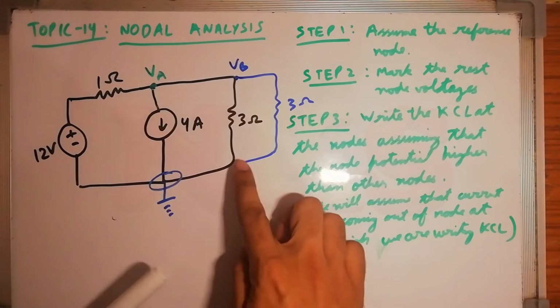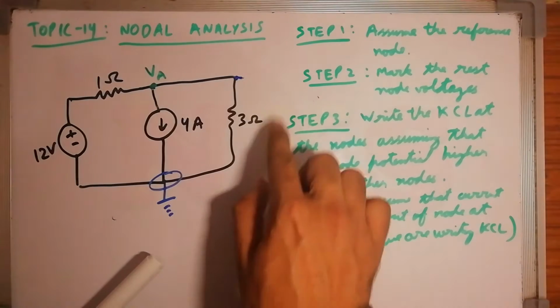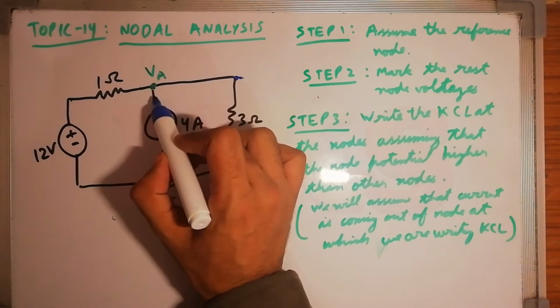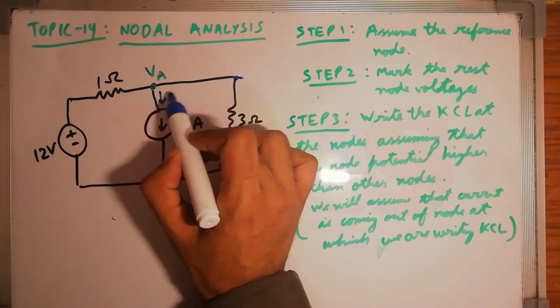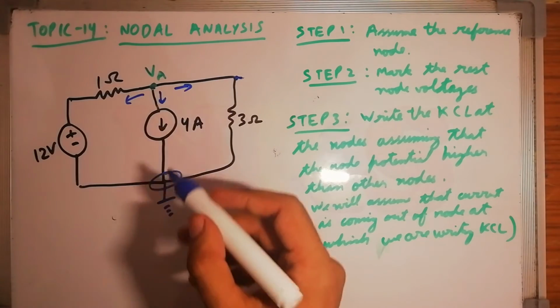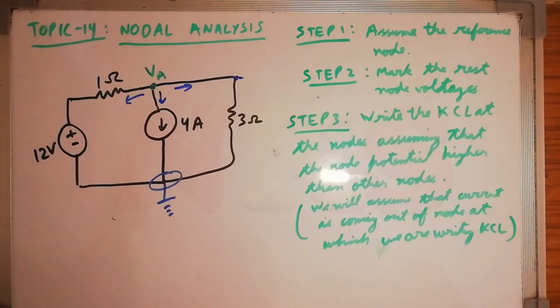Let me go back to my original circuit and write the KCL. I have to assume that the current is coming out of this node, because this node is at higher potential. I have told you that entering current is taken as negative and leaving current is taken as positive. This is the convention that I have been following throughout the subject.